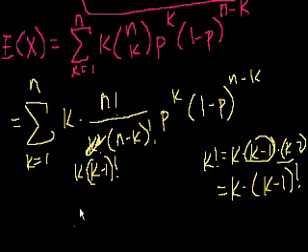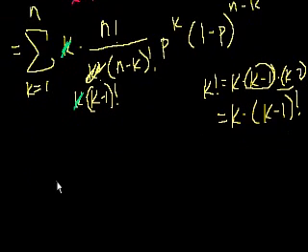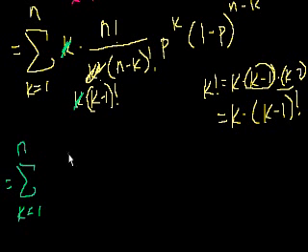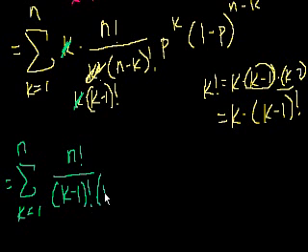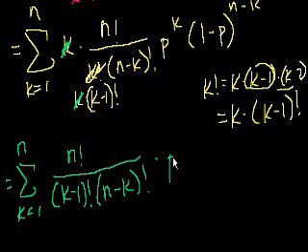And the whole reason why I did that is so I can cancel this k out with that k. If I cancel that out, I think this warrants rewriting the whole thing again. So now we have, I guess you could argue, simplified it to the sum from k equals 1 to n of n factorial over k minus 1 factorial times n minus k factorial, times p to the k times 1 minus p to the n minus k.